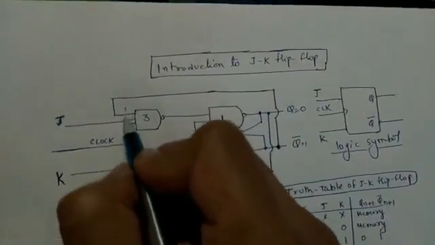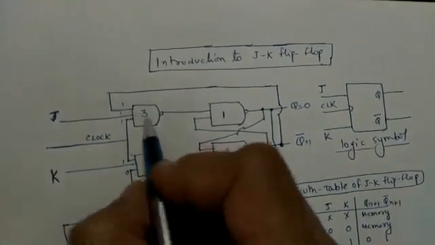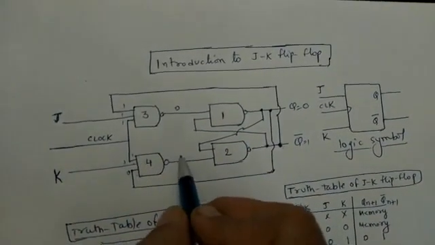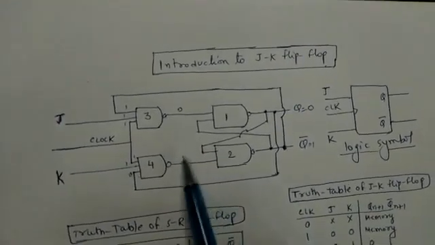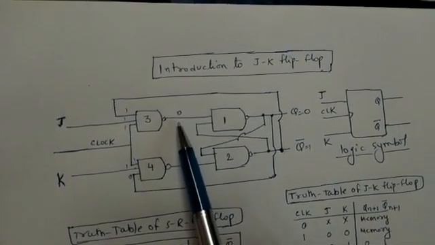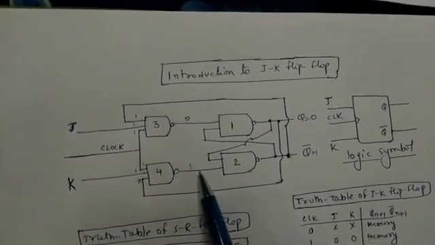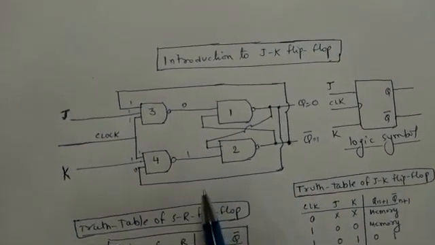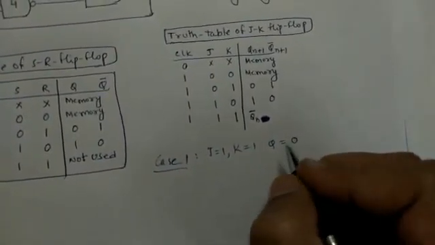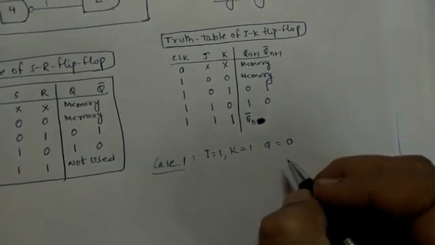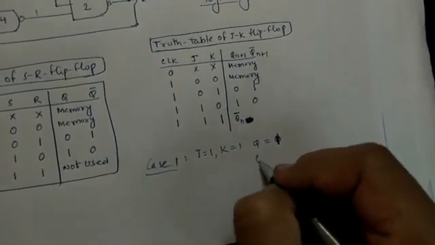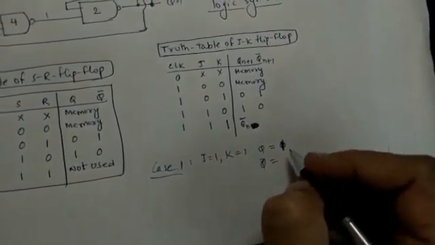So here we are getting 0 and here we are getting 1. Again, recalling the NAND latch in which the inputs are 0 and 1, we get output Q equal to 1 and Q bar equal to 0.